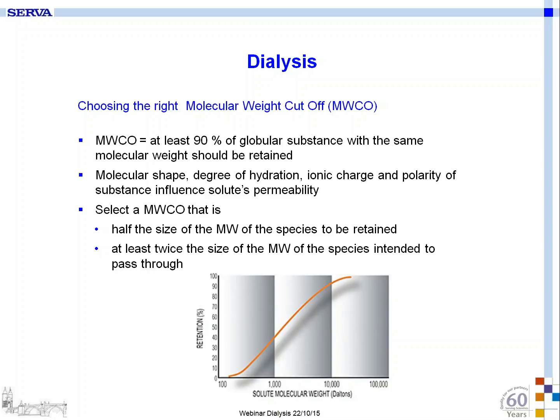On the other hand, that means that you will always have a certain loss of bigger molecules during dialysis. There is never a 100% retention of the substance in the membrane. Besides the size, the molecular shape, the degree of hydration, the ionic charge, and the polarity of the substance will influence the permeability through the membrane.